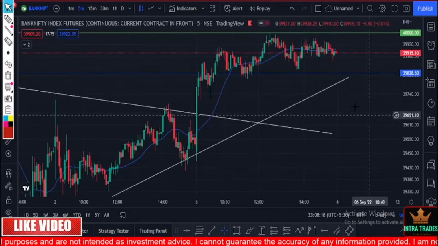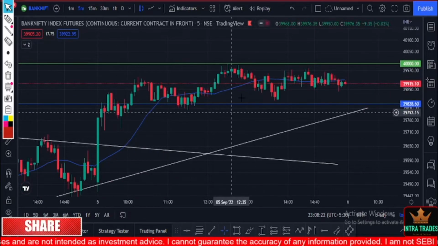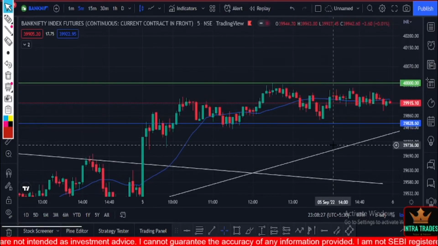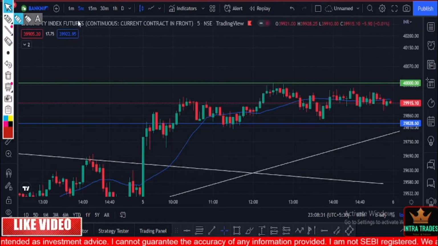Before the market ran up here, my resistance area was here, my resistance price is here. And one more thing I have to tell you, that I am using the Bank Nifty futures chart.